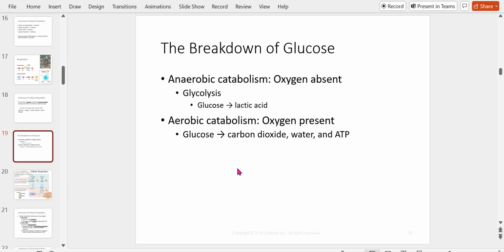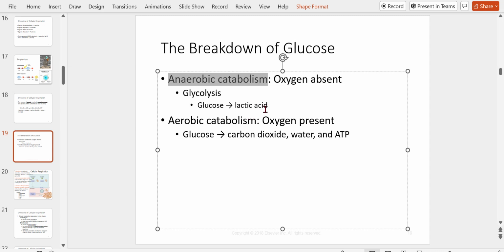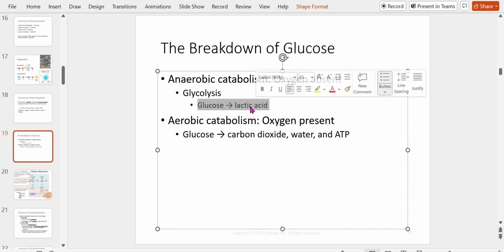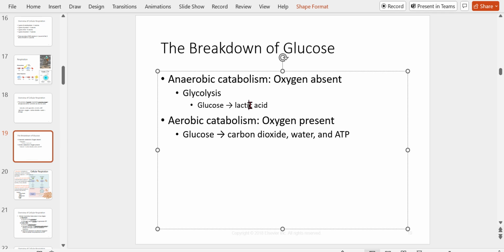So, anaerobic catabolism. Oxygen is absent, and the byproduct there is lactic acid. Think 100-meter sprinter.